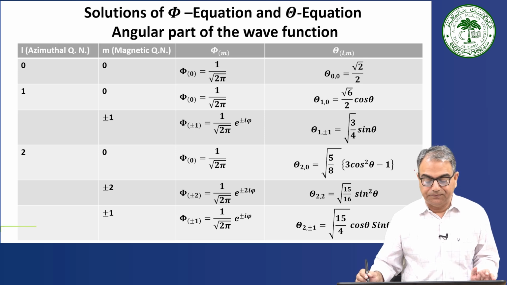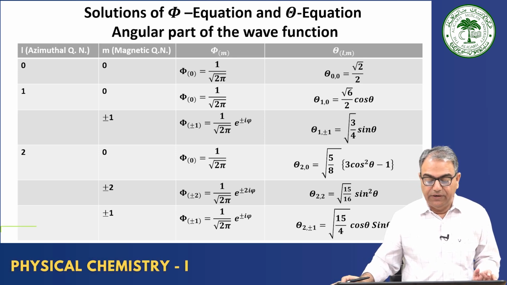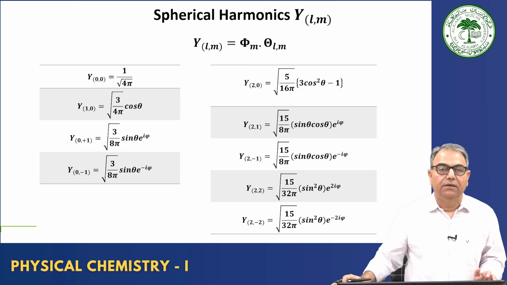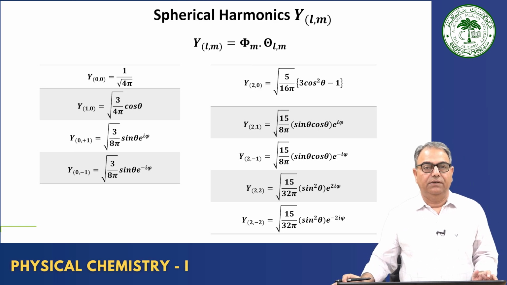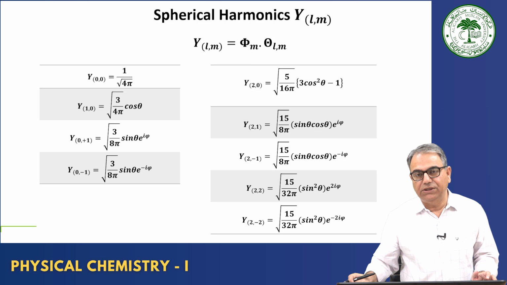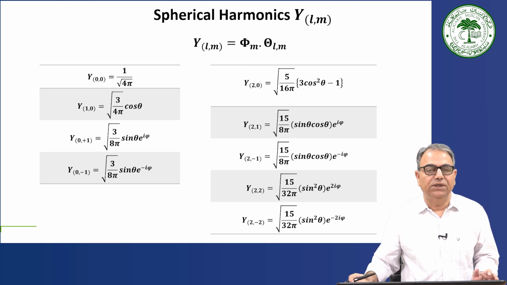Okay, so once you have this chart, this table where you have all the phi and theta values, then if you combine these two functions, you get the total wave function. Because I told you, when you have a wave function which is dependent on more than one variable, you can split this wave function into two independent functions, each depending on only one variable.